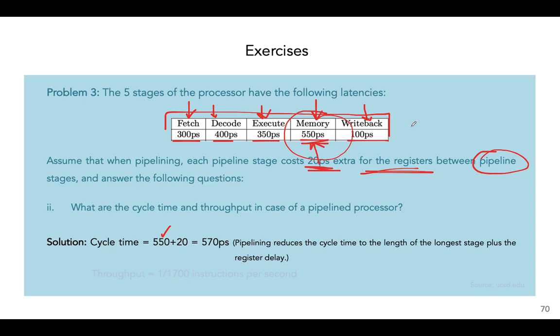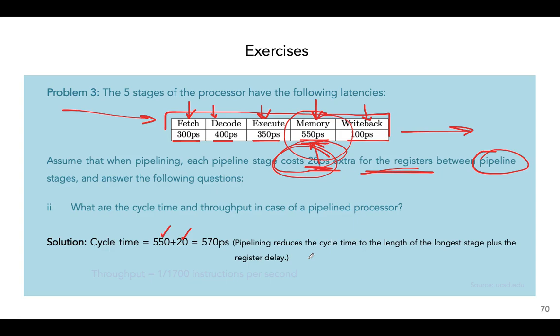Why would you need a register if you are already waiting for each instruction to pass through each of these stages individually? You give the input and then you get the output. There's no register involved. Registers are only needed when you temporarily need to store data, and that happens when multiple instructions are being executed at the same time. To store the multiple data, you need the register, and when you need the register, you have to count its delay as well, which is what we have done, right?